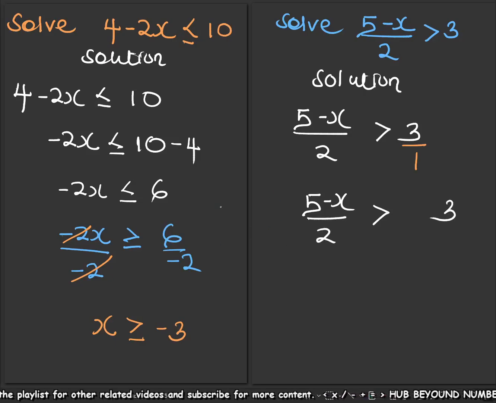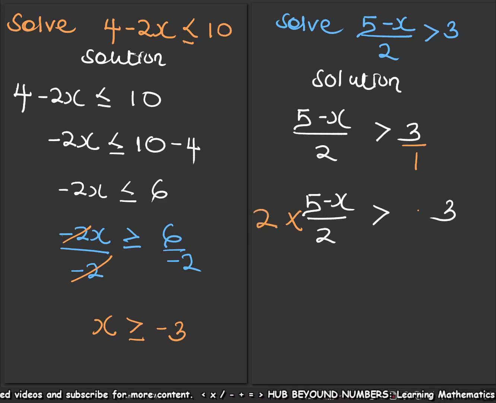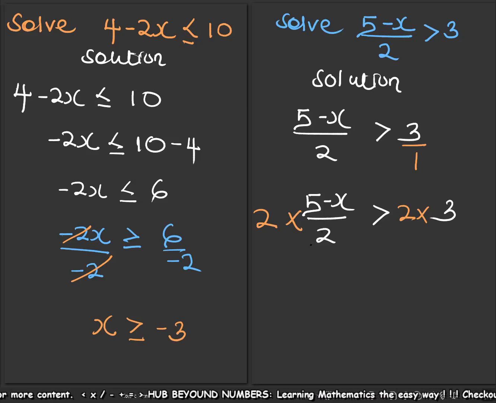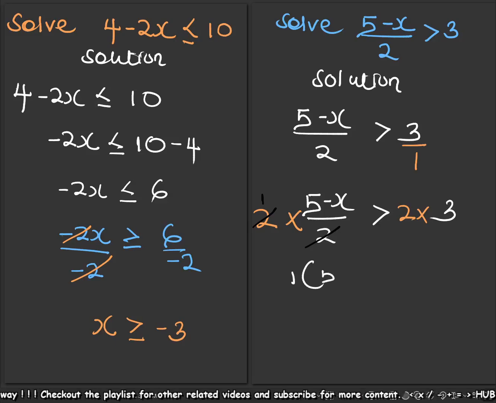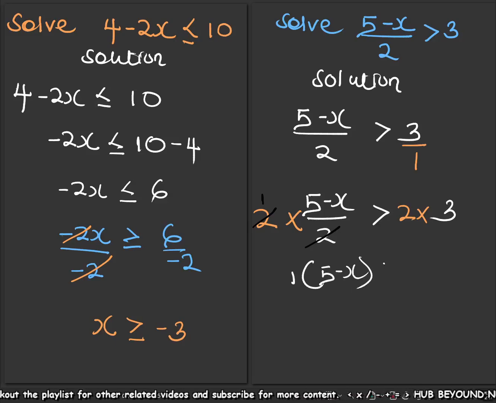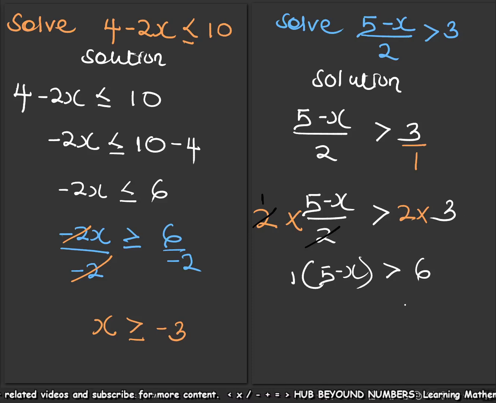So we have 5 minus x all over 2, which is greater than 3. We are going to multiply this by the LCM, which is 2, and multiply this term also by the LCM. Then this denominator cancels out, so we are left with 1 times 5 minus x, which is greater than 2 times 3, which gives us 6.